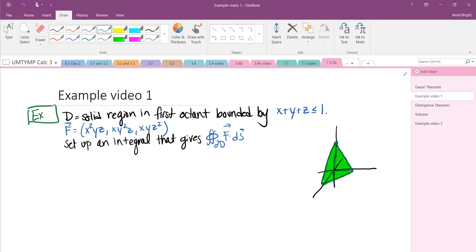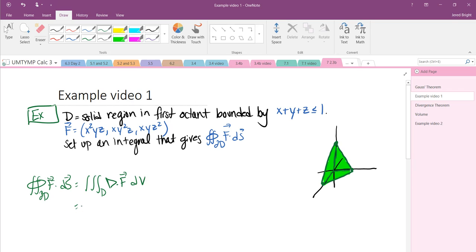So if we go ahead and set this integral up, we're going to have the triple integral. The closed surface integral over the boundary of D, the vector surface integral dS, is equal to the triple integral over D of the del operator dotted with F dV.